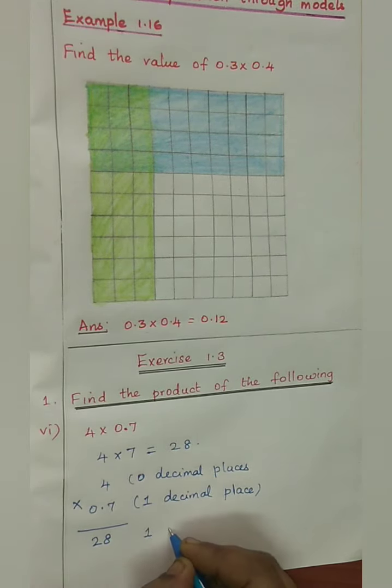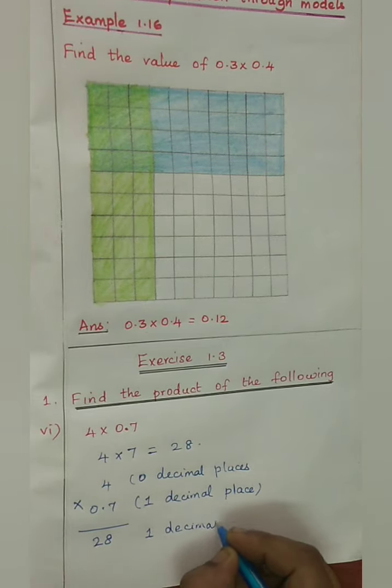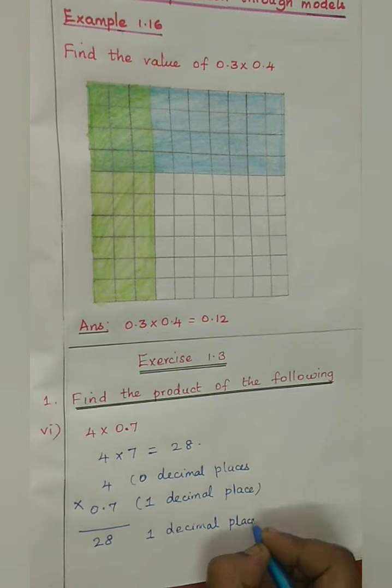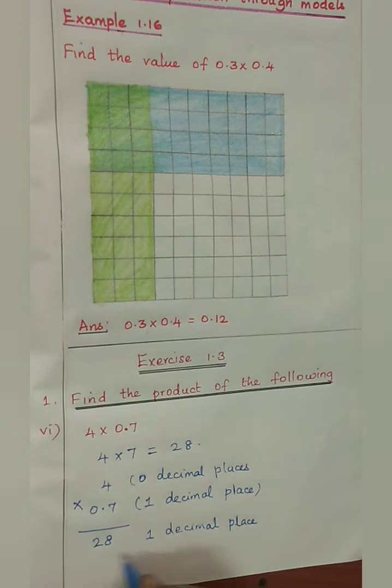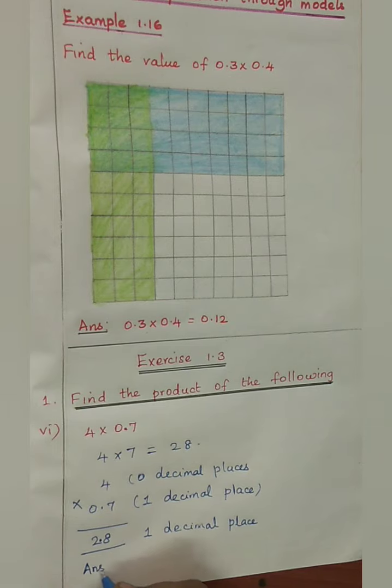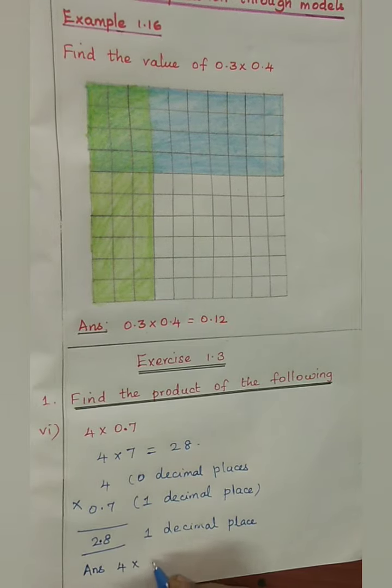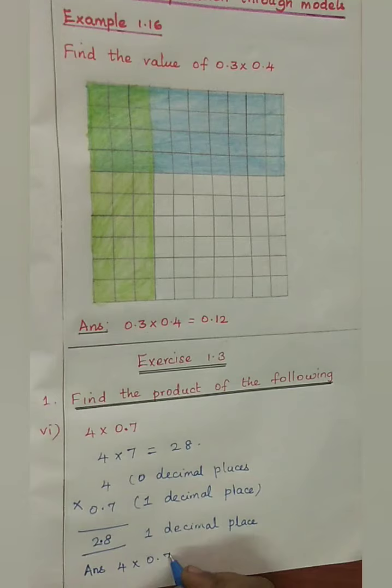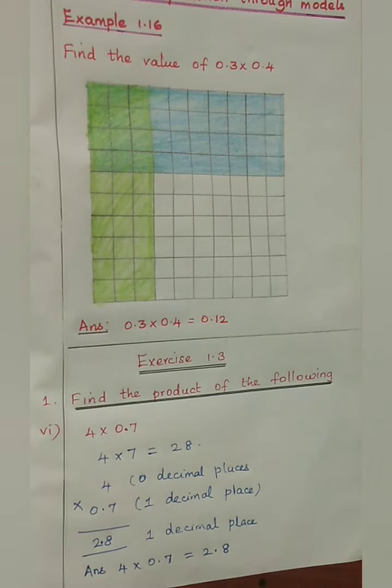In the answer also we must get 1 decimal place. So how to get 1 decimal place in the answer? From the extreme right, you leave 1 digit and keep the decimal point. So the answer is 2.8. So 4 into 0.7 is equal to 2.8.